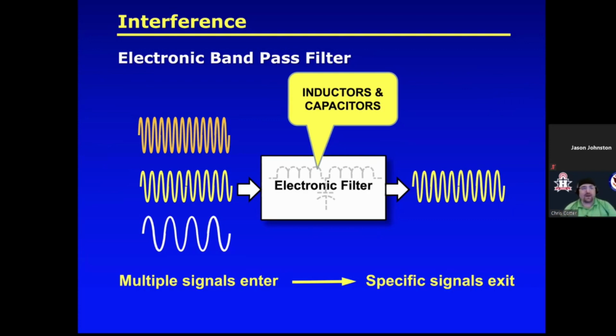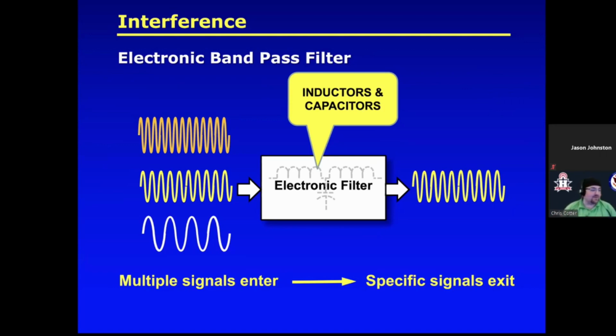All 3 of them are interfering with each other. We have this bandpass filter right here that will allow this middle frequency to go through with no problem, and then it will use these inductors and capacitors to filter those out. So multiple signals enter, and only the wanted will exit.